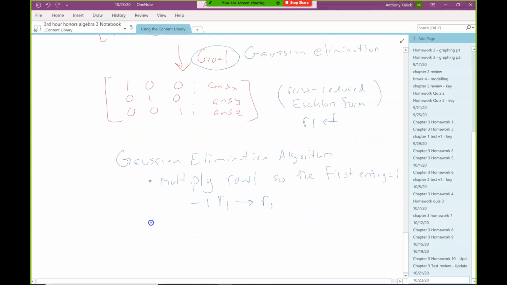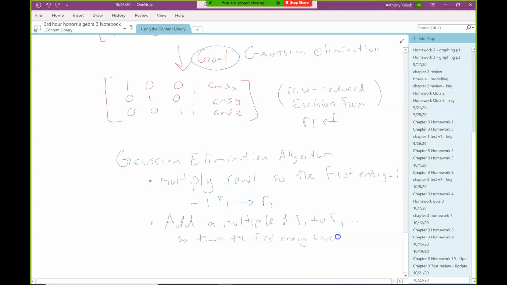Then we're going to add a multiple of row 1 to rows 2 through whatever, so that the first entry cancels.